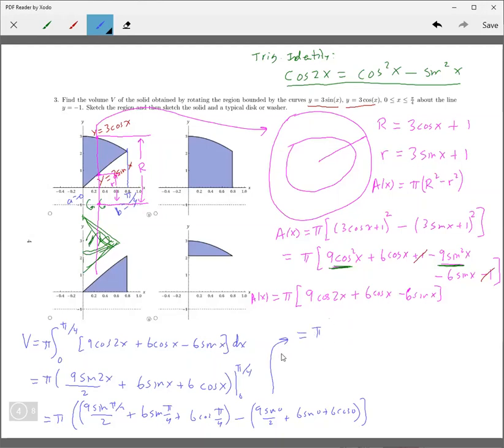Okay. Sine of pi over 2 is 1, so that's going to be 9 halves. Sine of pi over 4 is root 2 over 2. Cosine of pi over 4 is also root 2 over 2. Sine of 0 is 0. And cosine 0 is 1, so that's going to be, but it's minus 6.